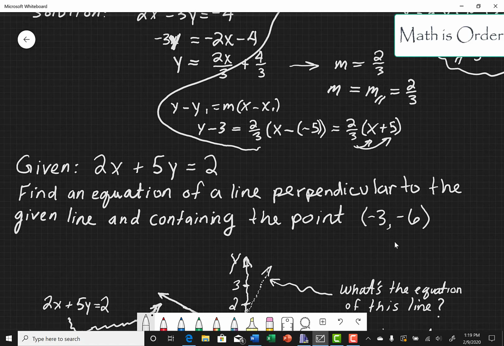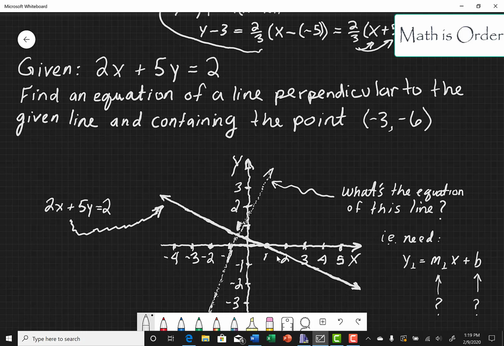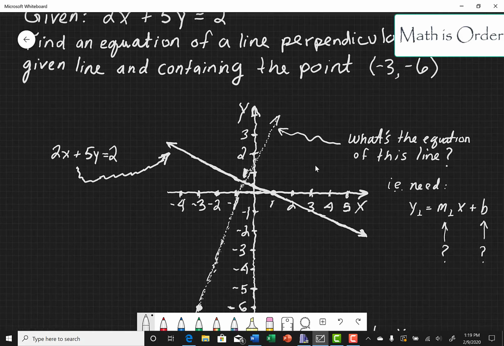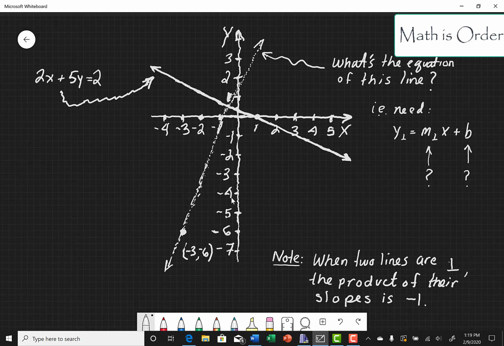To make things quicker, I've already graphed the given line, and the point negative 3, negative 6 is plotted. So we want the equation of this dotted line that is perpendicular to the given line.